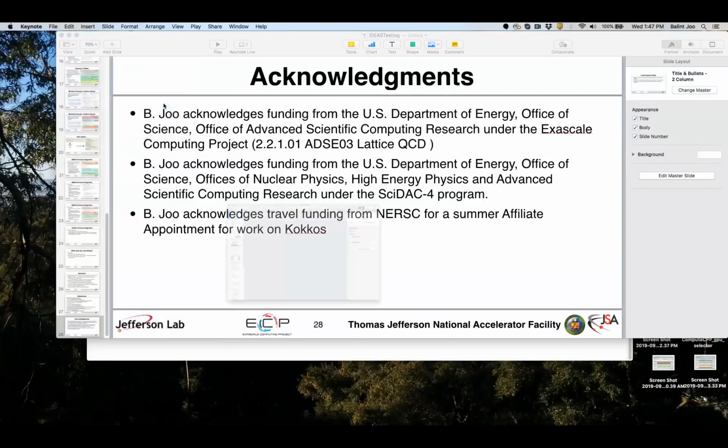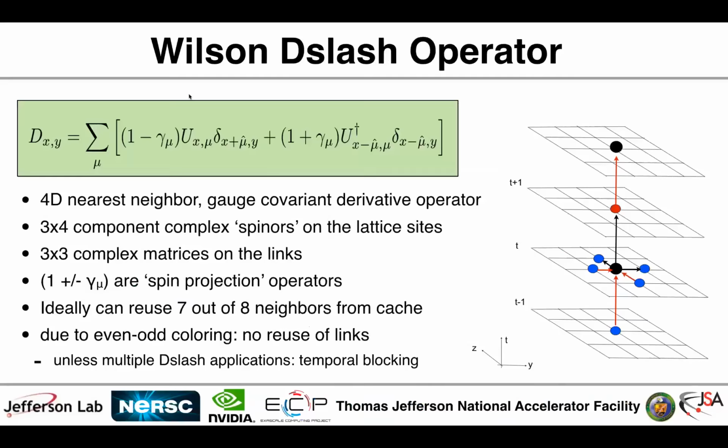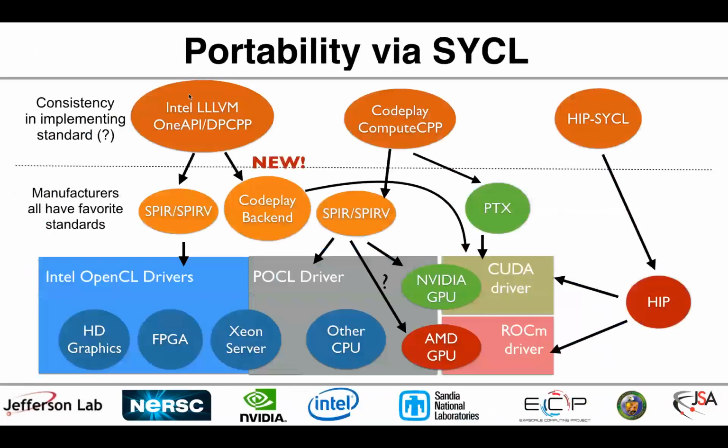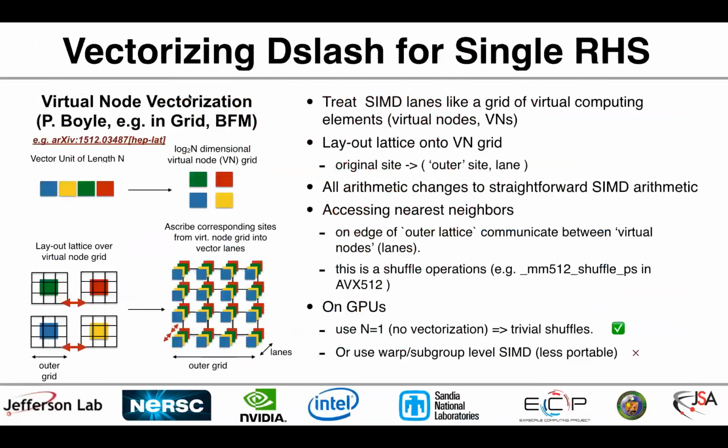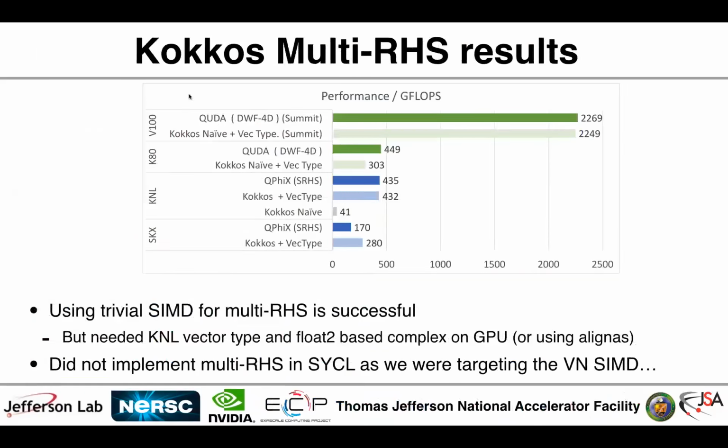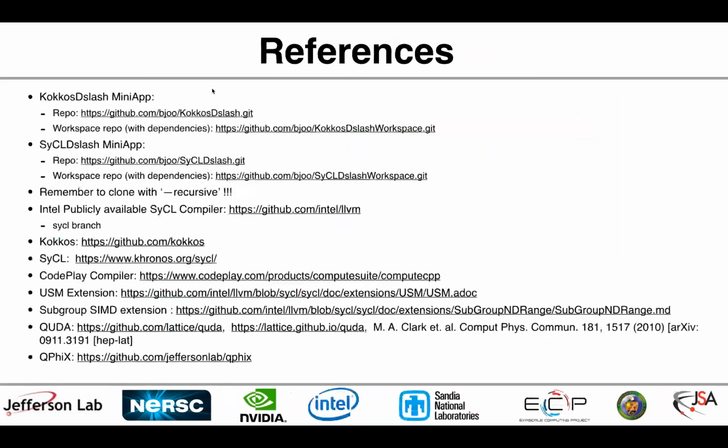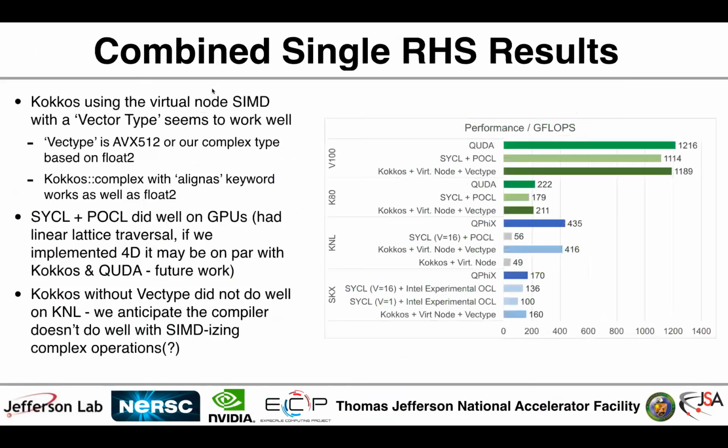So this is a talk I gave at the P3 HPC forum at Supercomputing. And here is my little MiniApp. And here's a performance comparison graph, but I want to find the correct one, this one. So the only place where I can really successfully do this is, for example, on a GPU. I have SYCL, but I had to use an OpenCL runtime called Pocl.